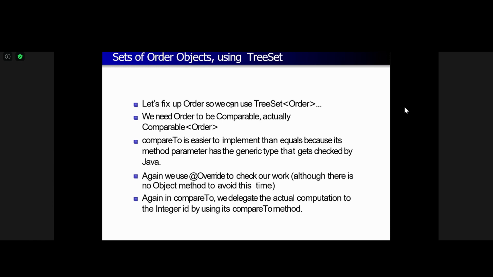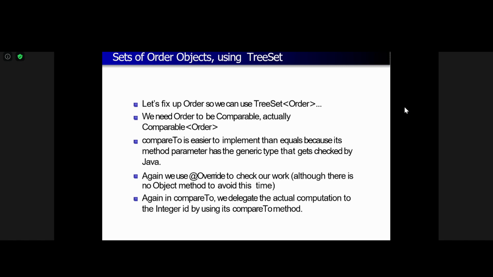Okay, well, obviously we'd like to see a TreeSet of Order as well. That means we need to have a compareTo in the Order implementation. It turns out that compareTo is easier to implement than equals. Equals is the one that's tricky, I think mainly because its parameter is a generic type.